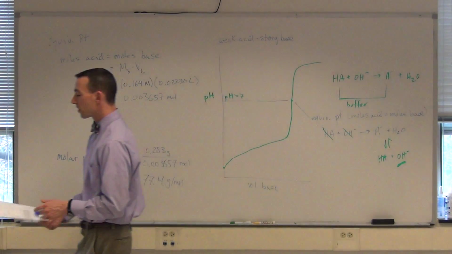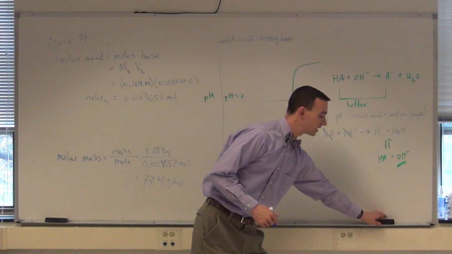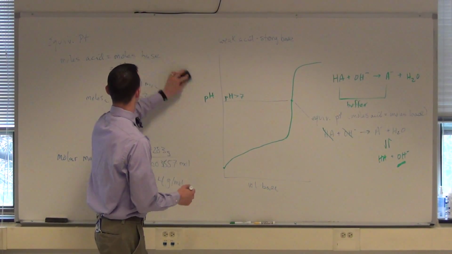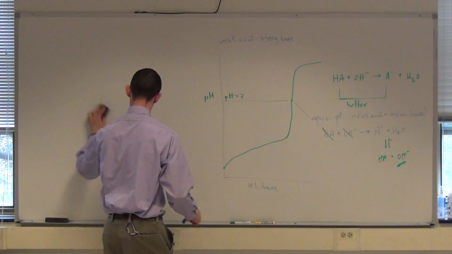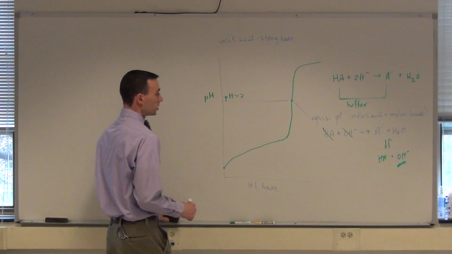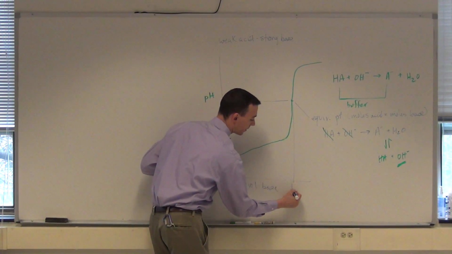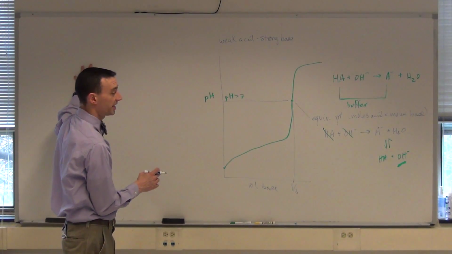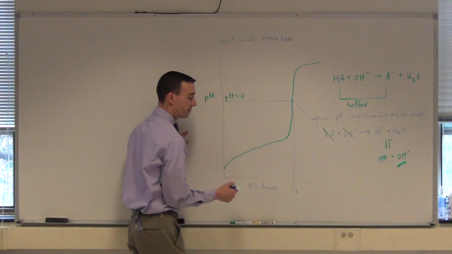Now there's another important feature that comes off of the titration curve. And it's in this buffer region. So at this point, at the end point, which is where I would get the volume of the base that I used in the questions that I just answered over here, the moles of acid are equal to the moles of base.